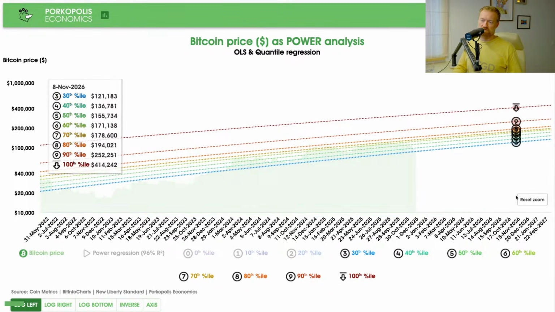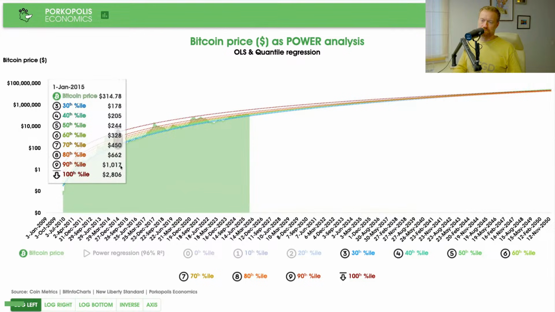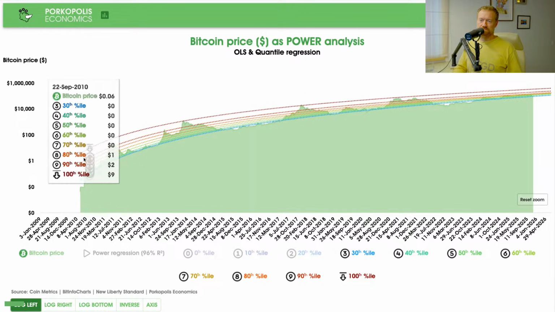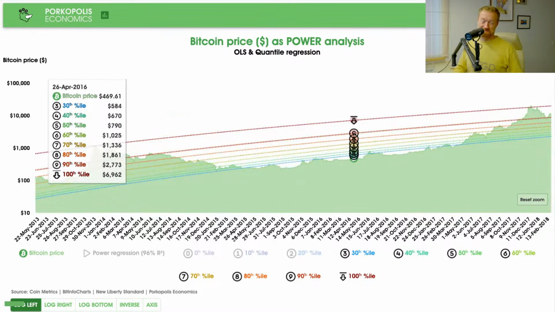This is more of a fine-tooth comb. Pretty good. You can see why the price is typically at these levels 70% of the time.